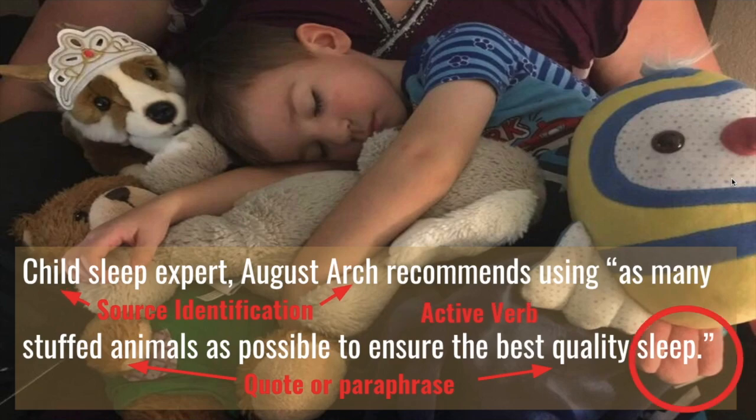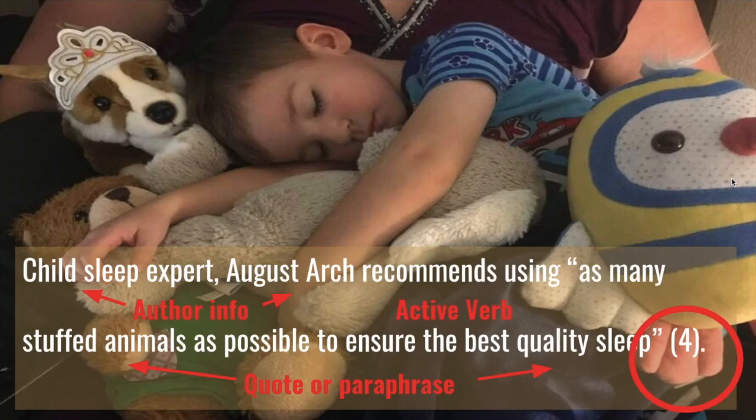Notice that if there isn't a page number, there is no parenthetical citation needed at the end. Since we've already introduced the author or article title in the signal phrase, we don't need a parenthetical citation at the end. However, if there is a page number, then we do have to add the parenthetical citation at the end, which is formatted exactly like it was before.